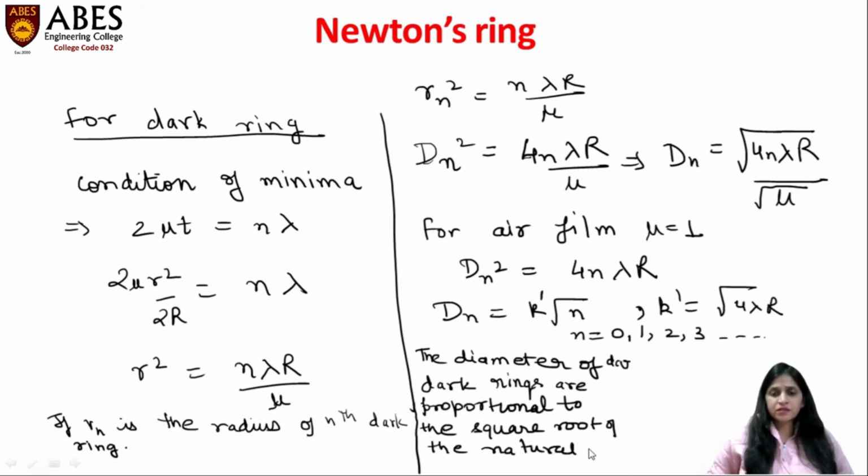Again, this conclusion is very important because the question is asked in a manner that shows that the diameter of dark rings is proportional to the square root of natural numbers. So both the concluding lines, of the bright ring and of the dark ring, are important.